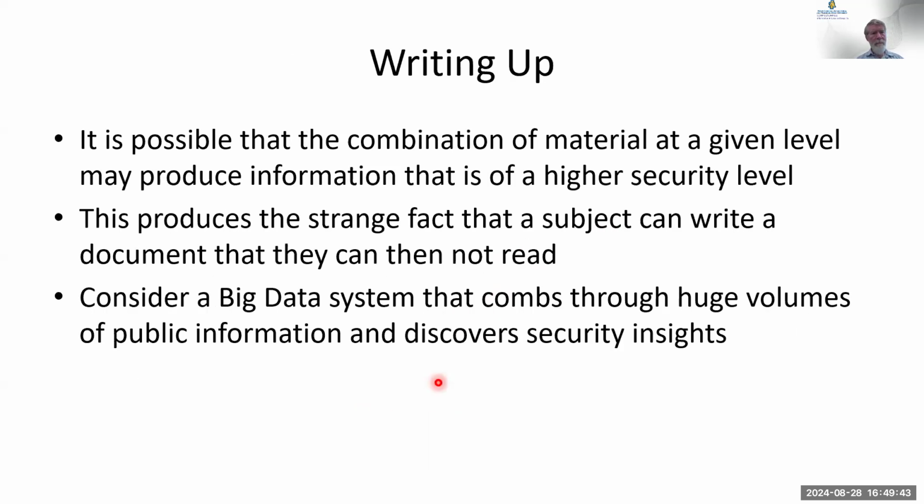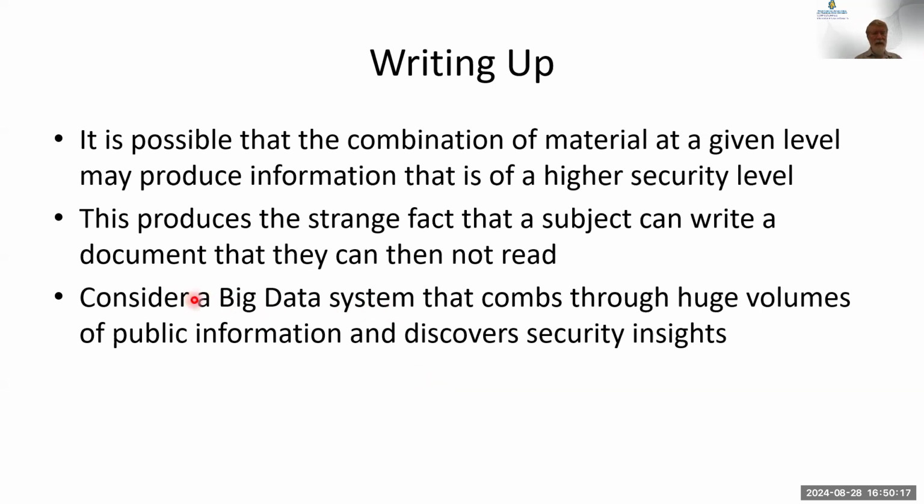Now, writing up might seem a little unusual, but it is possible to combine material at a given level and produce information that is of a higher security level. People have shown in the past that by Googling or searching the web and combining a lot of documents at one level, particularly unclassified, suddenly you end up with information that the government would not really like everyone to see. And so you could put that at a higher level.